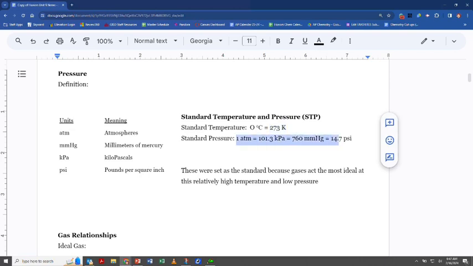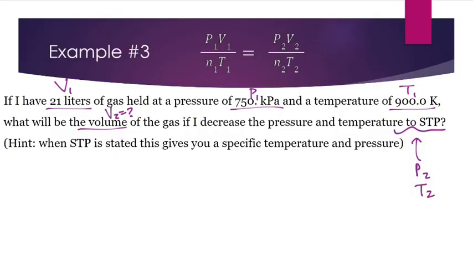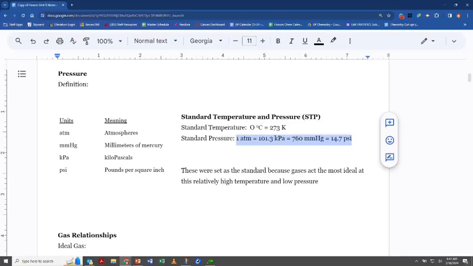Our standard pressure, these are all equivalent, but we don't have a choice in which one to use here. We need to make sure that when we plug in our pressure values, the units always match. So because in the problem we're trying to solve, our P1 is in kPa, we need to make sure that when we pull out our standard pressure, it's also in kPa.